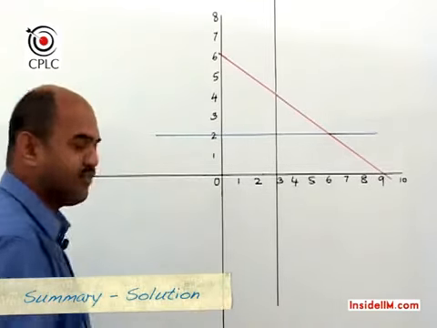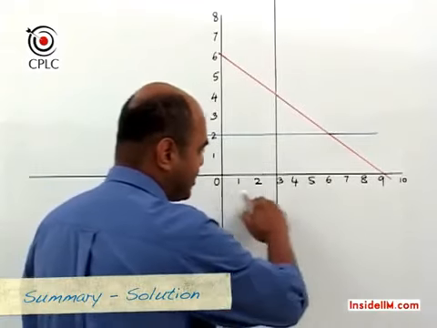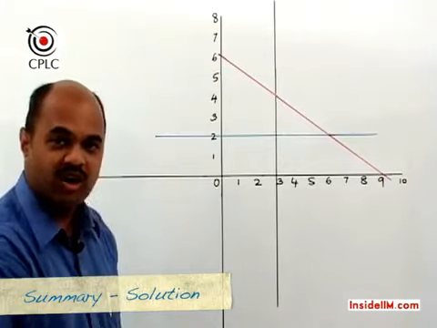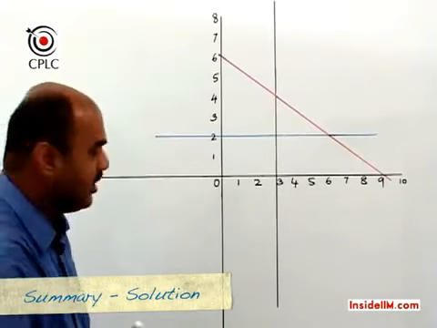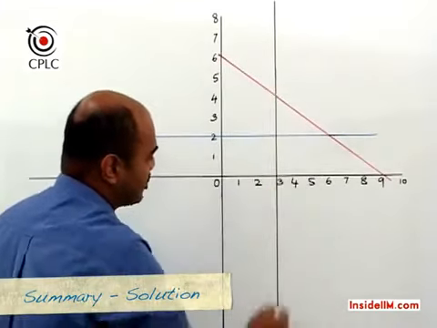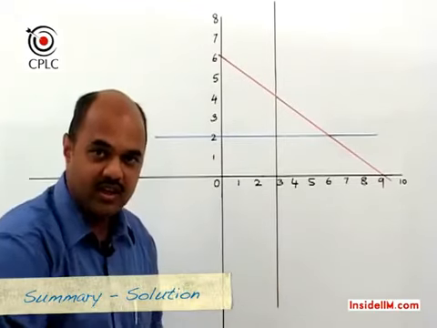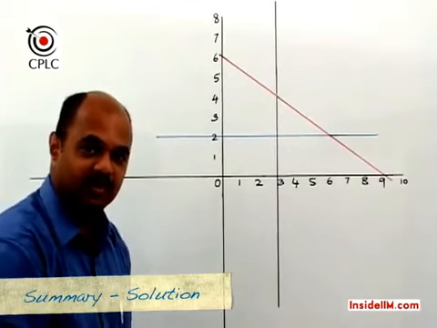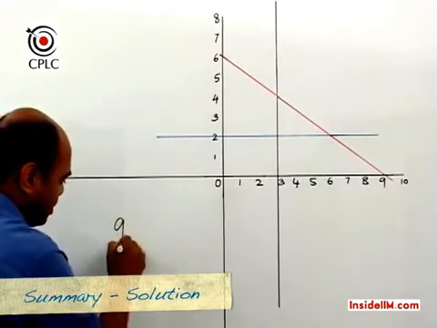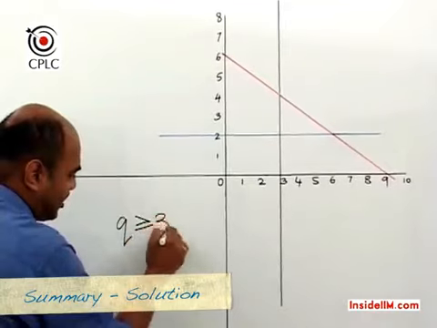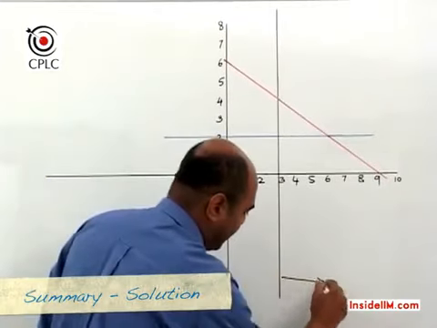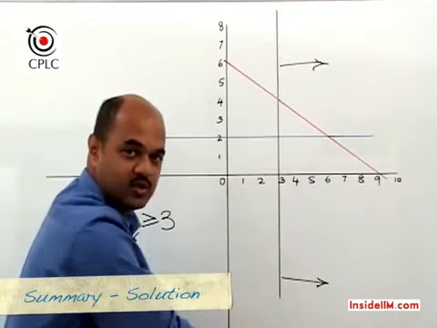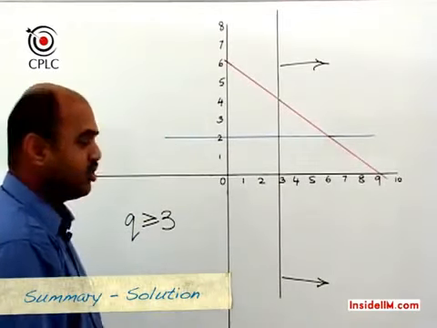So if you look at this graph now, and if we say that this horizontal x-axis refers to the number of quant questions that can be attempted, and if you look at this vertical line which is drawn at x equal to 3, since we were given that we need to attempt a minimum of 3 quant questions, which means q has to be greater than or equal to 3, and hence we are looking at this area on the right hand side of this vertical line at x equal to 3.